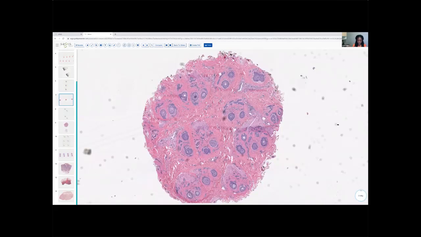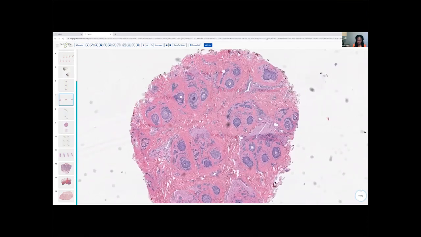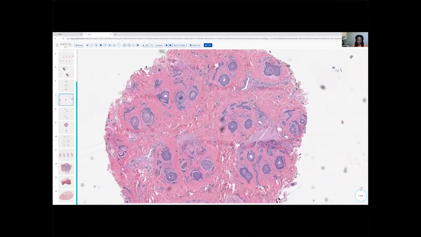So we absolutely see that there's a good amount of inflammation here. This contrasts with the other examples that we've seen so far, where we really just didn't have much inflammation to speak of. But here we see that perifollicular inflammation and the inflammation surrounding the entire follicular units.